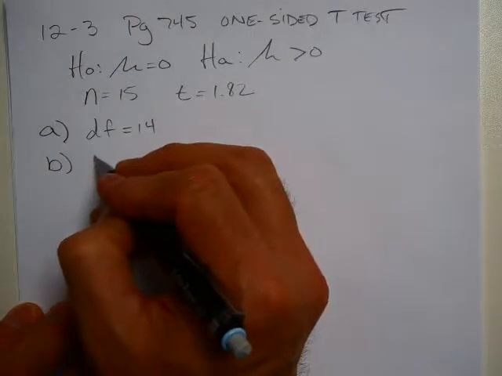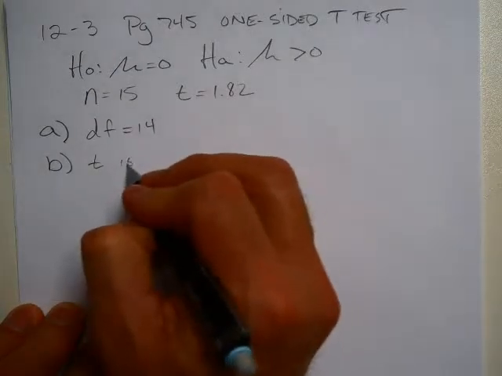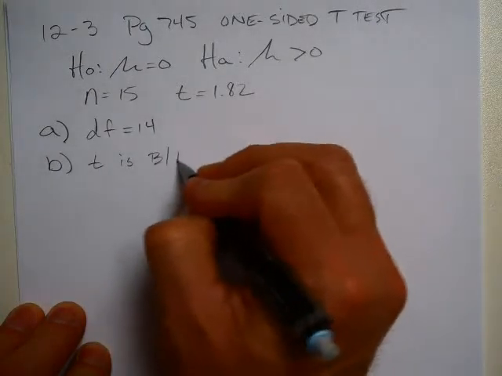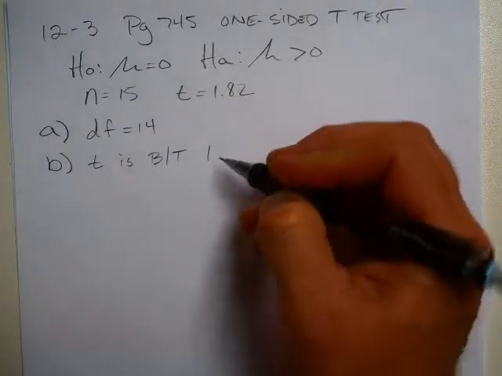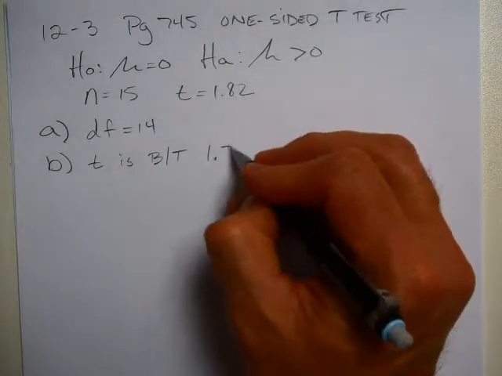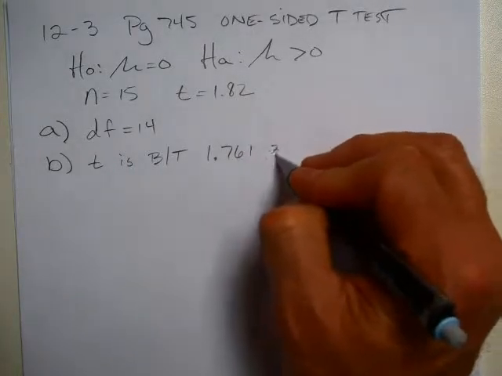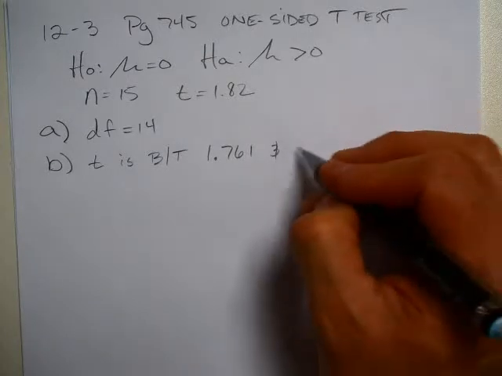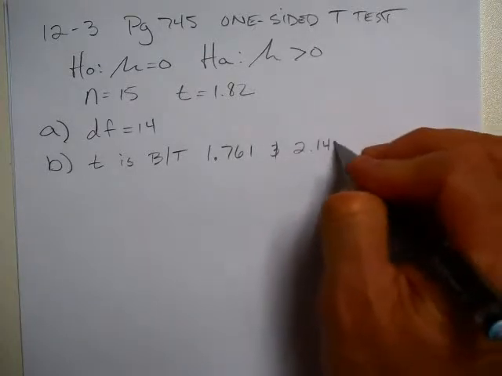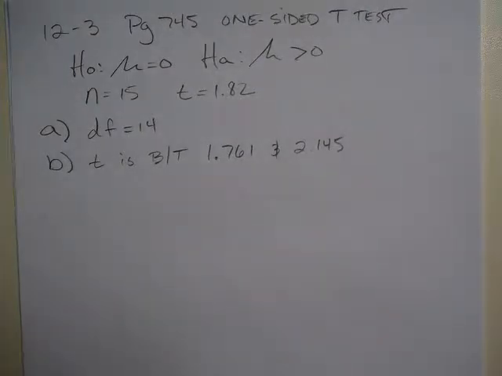So t is between 1.761 and 2.145. 1.82 falls between those two values.